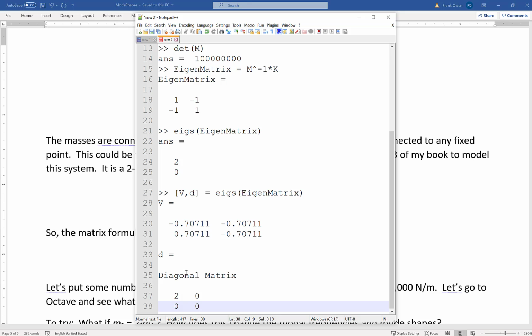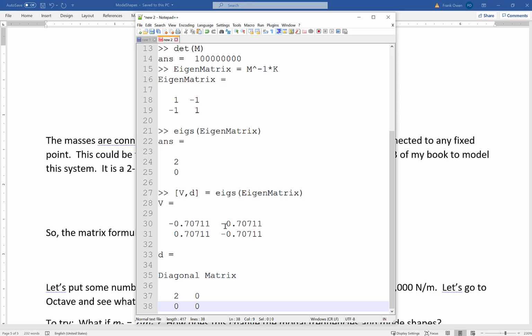Now, let's look at the eigenvectors, and these are also given in the order that the eigenvalues are given in. They're consistent with that. So let's look at the lowest order mode first, but before I do that, I need to tell you, this is one eigenvector here.